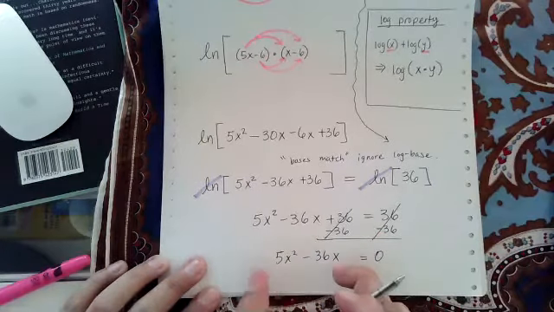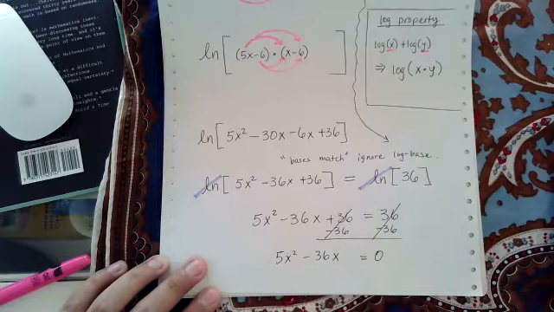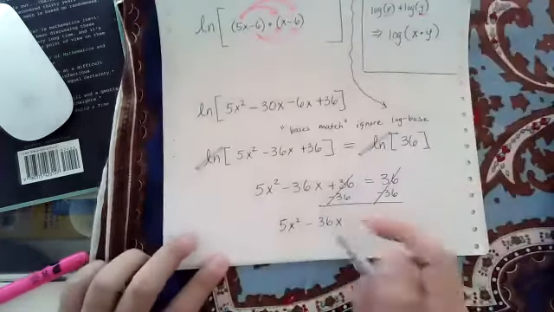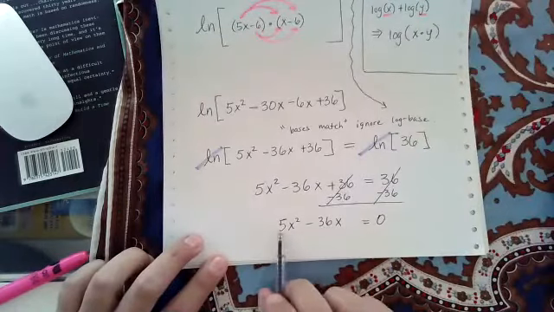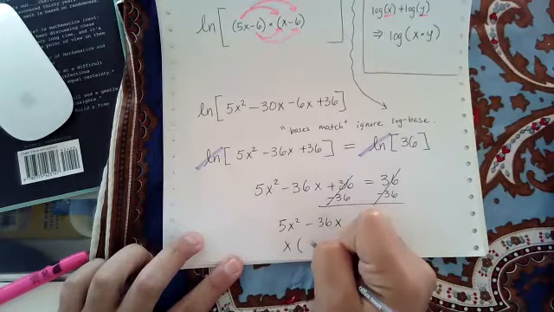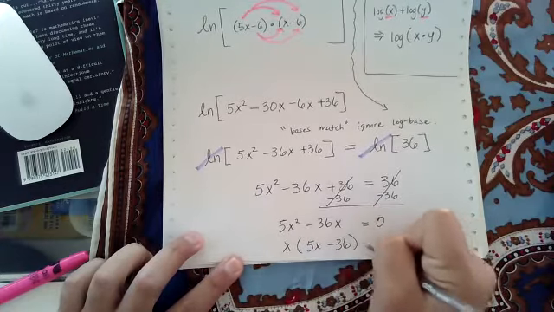And then this thing is factorable. So we're going to use the zero factor property, factor this, and then solve our two equations. It looks like the common factor here is going to be x. So I'm just going to factor out an x. And that will leave us with 5x minus 36 is equal to 0.